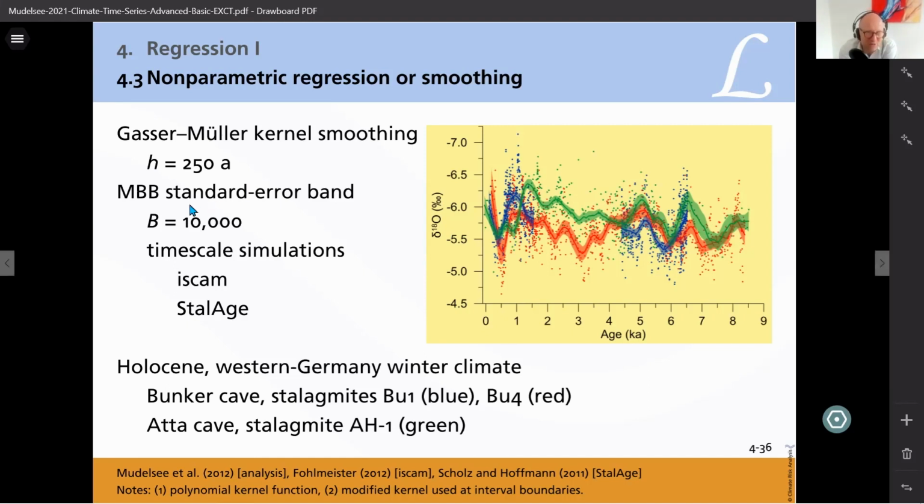Then we look at the standard errors. The trends are the solid lines, this one here. And then we use moving block bootstrap, data minus non-parametric fit. And then we put this into tau s, persistence time estimation. And then we estimate persistence time, and we do a bias correction.